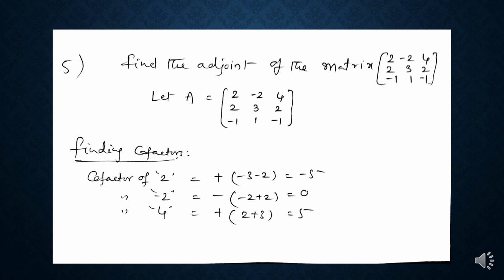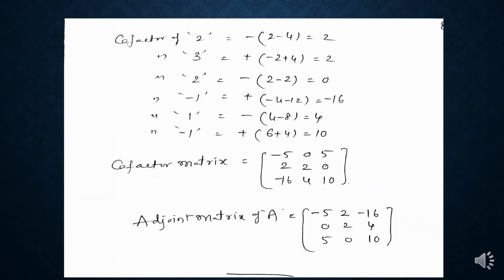Thus we can find the cofactors of each and every element, and we can write the cofactor matrix. So here cofactor of 2 is equal to minus of 2 minus 4, that is equal to minus 2 into minus, plus 2. Cofactor of 3 is equal to plus into minus 2 plus 4 is equal to 2. Cofactor of 2 is equal to minus of 2 minus 2 is equal to 0.